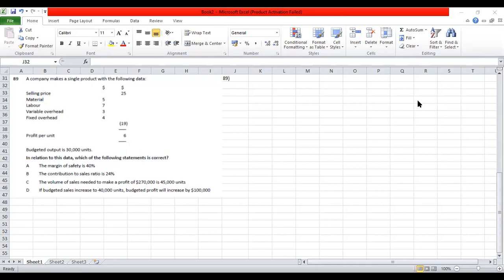B, contribution to sales ratio is 24%. C, volume of sales needed to make a profit of 270,000 is 45,000 units. D, budgeted sales to increase 40,000 units, budgeted profit will increase by 100,000. Which one is correct is not known. So what should we do? We have to work out on all of them. All the options have to be worked out.